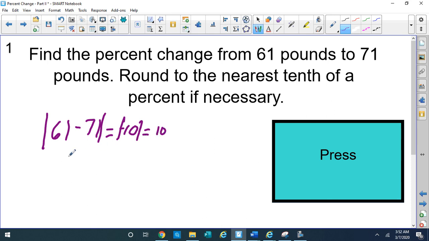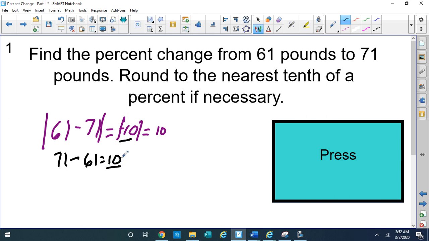Let's change colors. I want you to notice something. If I would have subtracted 71 minus 61, I would still get 10, but it's positive 10. So whether I do it forwards or backwards, I'm still going to get the same number, but one is going to be negative 10 and one is going to be a positive 10.